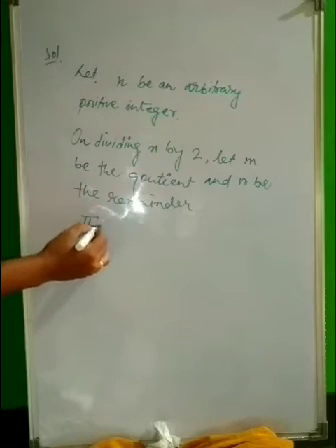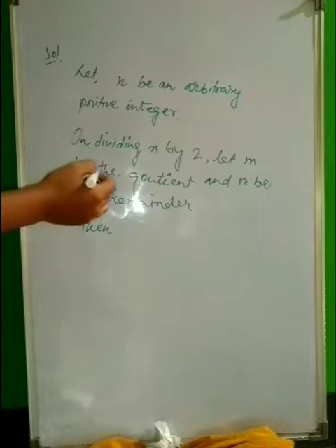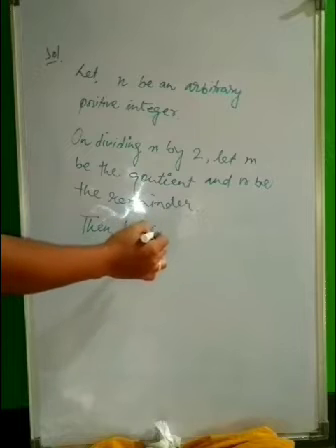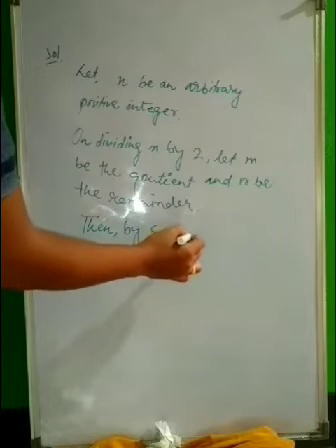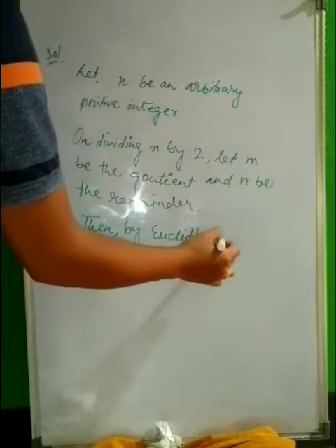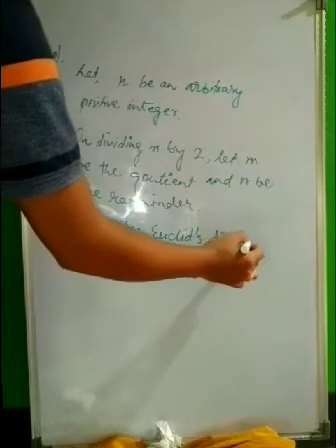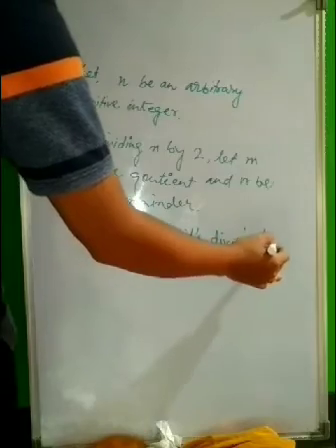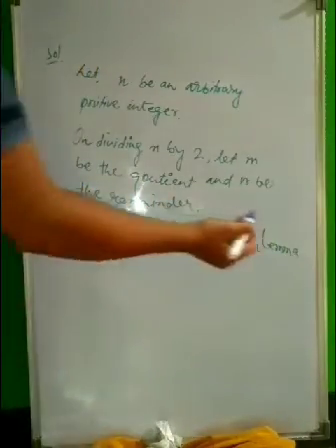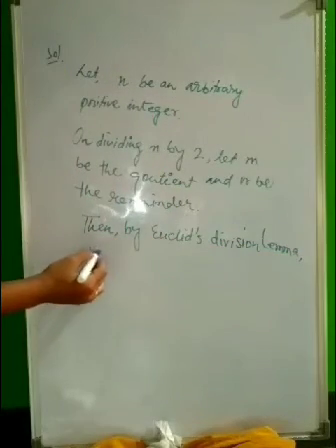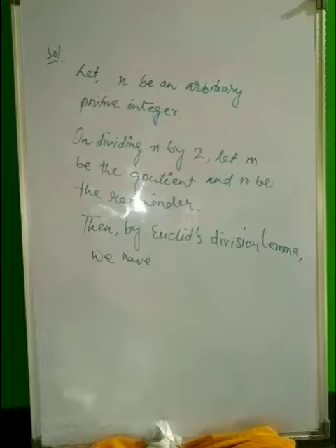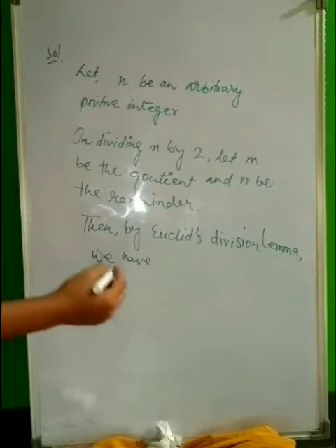Then by Euclid's division lemma we have, so what is the formula?